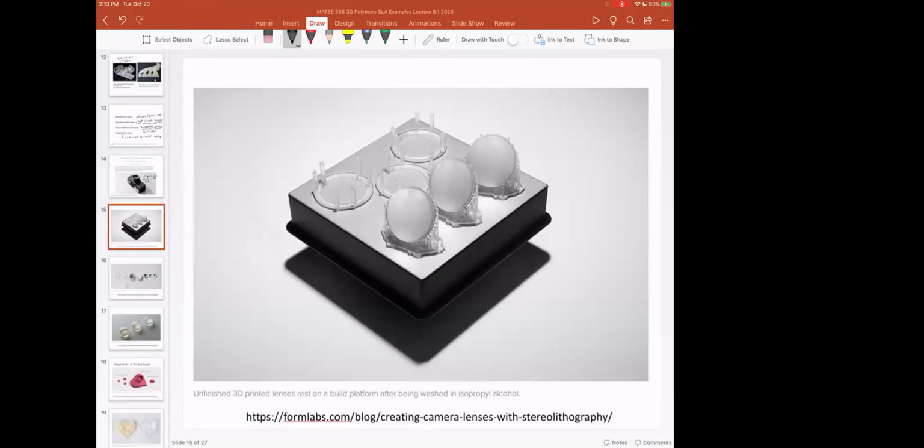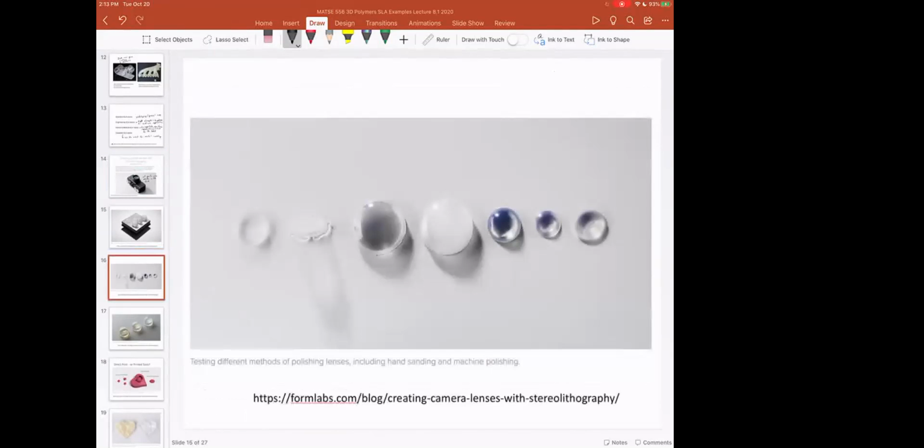And so everything that comes out of an SLA printer has a little bit of a frost on it, because you can't get perfectly smooth surfaces with SLA, because you can only get about 25 or 50 micron resolution at the best. But if you polish the samples in general, they're pretty dense on the inside because the layers are well integrated. So if you break open an FDM part, we know that it's not clear inside an FDM part or a material extrusion part, because there's gaps in between the roads.